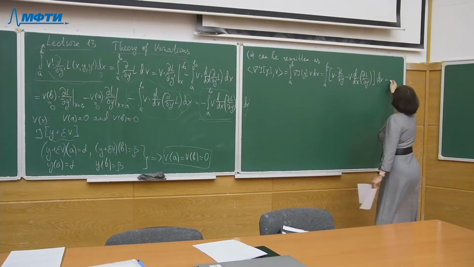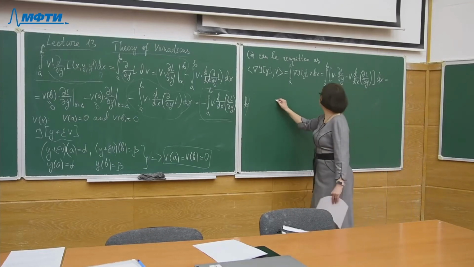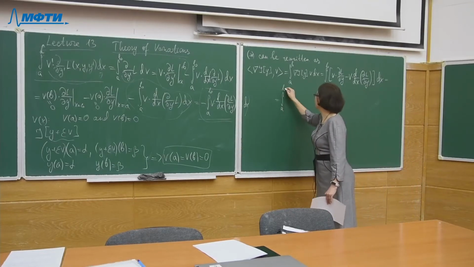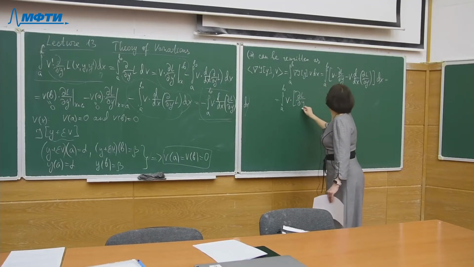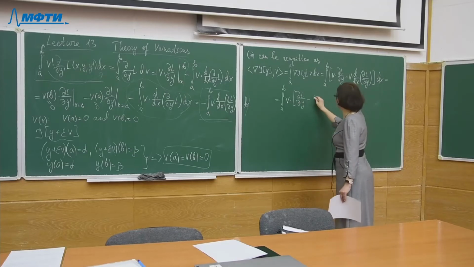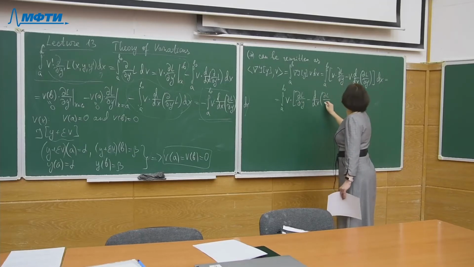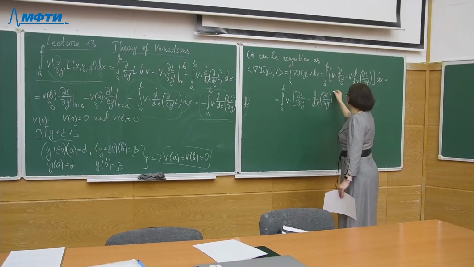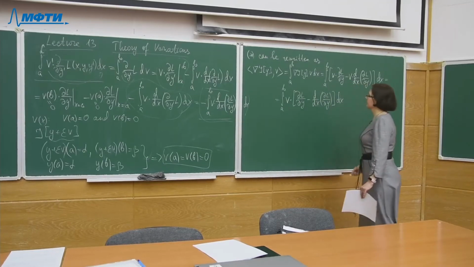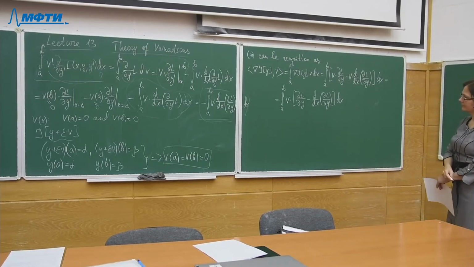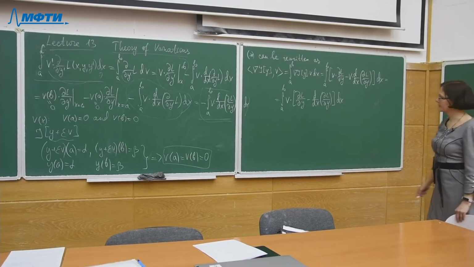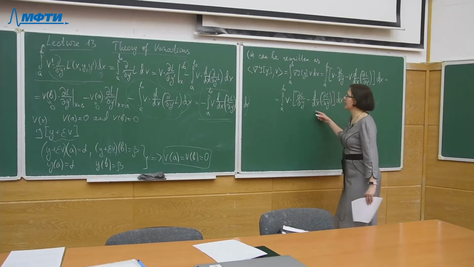I will rewrite this in the form: the integral from a to b of v times (dL over dy minus d over dx of dL over dy prime) dx. So we have obtained this equality.